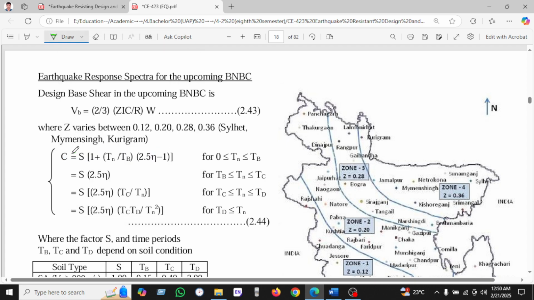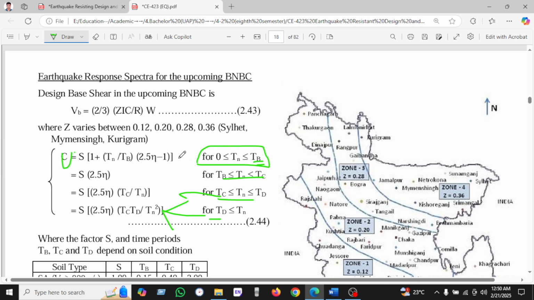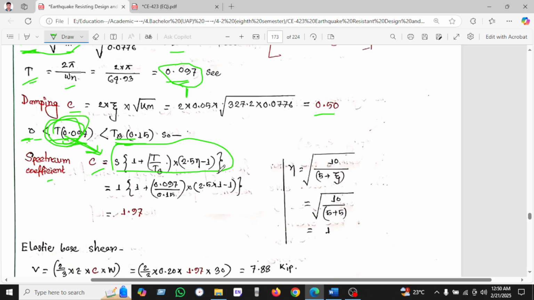The calculation of C depends on this formula, where Tn is compared with Tb and Tc, and if the condition is satisfied, then we can use this formula. So if we see that Tn is greater than 0 but less than Tb, that's why we are using the first formula.